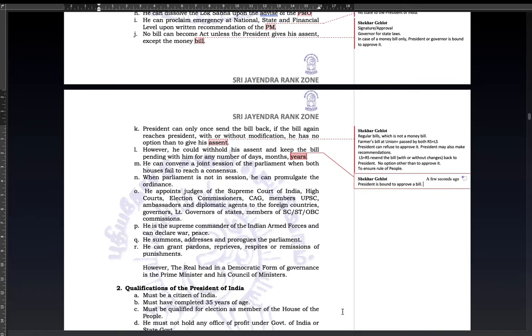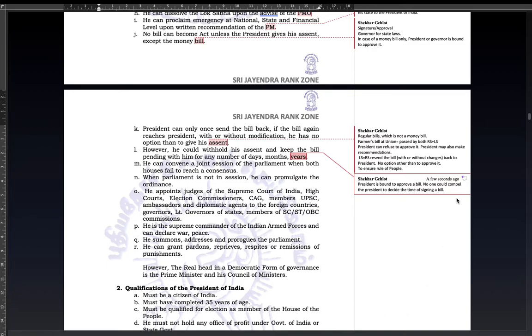Okay, but we cannot compel the president, no one could compel the president, to decide the time of signing a bill.